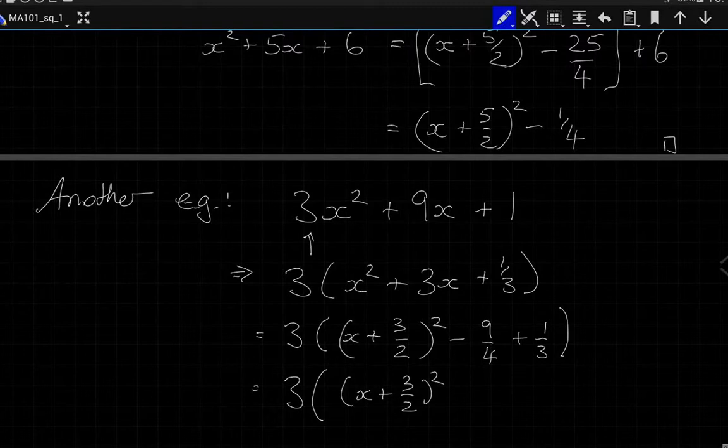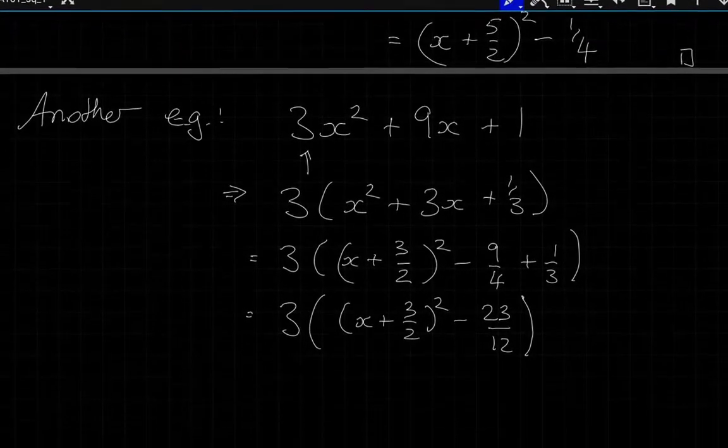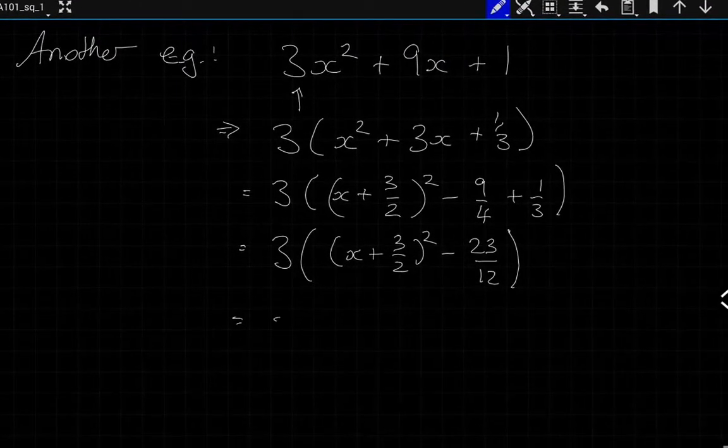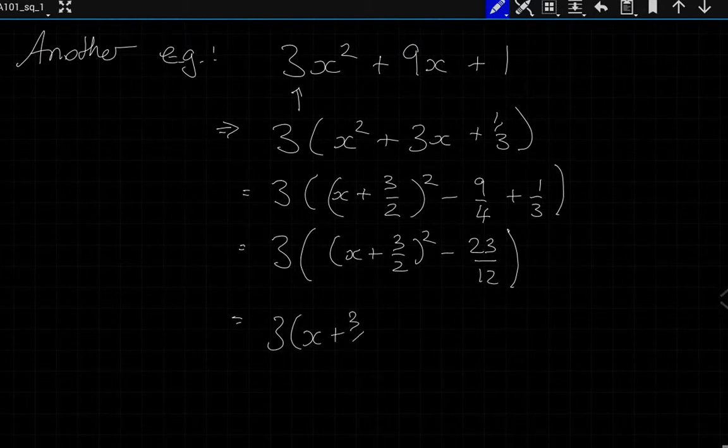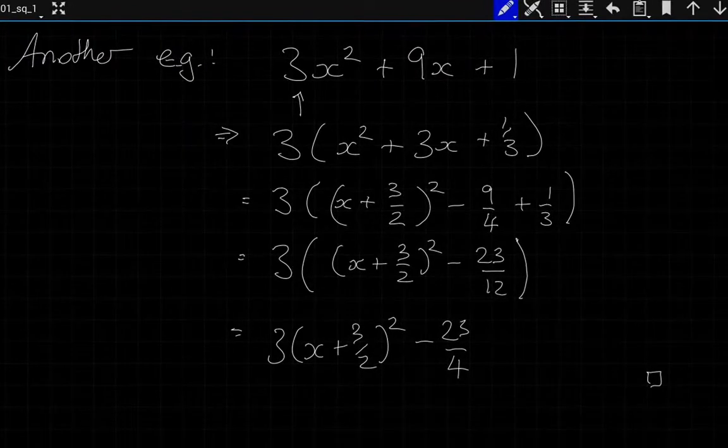A third minus 9 over 4 is minus 23 over 12. And so this is 3 times x plus 3 over 2 squared minus 23 over 4. And we've got there using the same method.